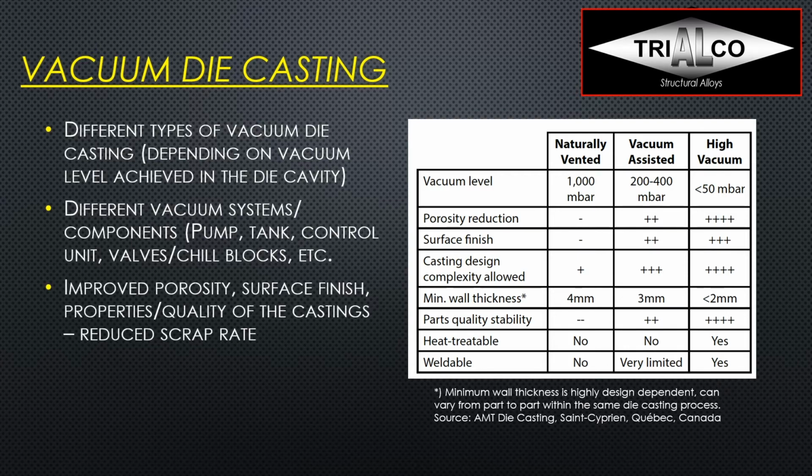But you'll also see a big improvement in surface finish, and you can cast a lot more complex designs, and your minimal wall thickness is also reduced because you're not pushing against the air that exerts a counterpressure as you're pushing the metal in at such a high speed. The parts quality is also then very stable, and you get a lot less variation.